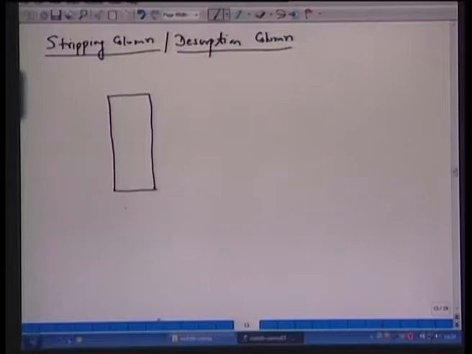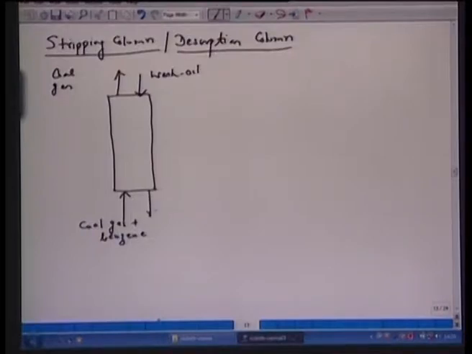What we had here was coal gas which contained benzene, and this gas was cleaned with wash oil. So we had wash oil, and here the concentration x1 which we calculated was 0.119.